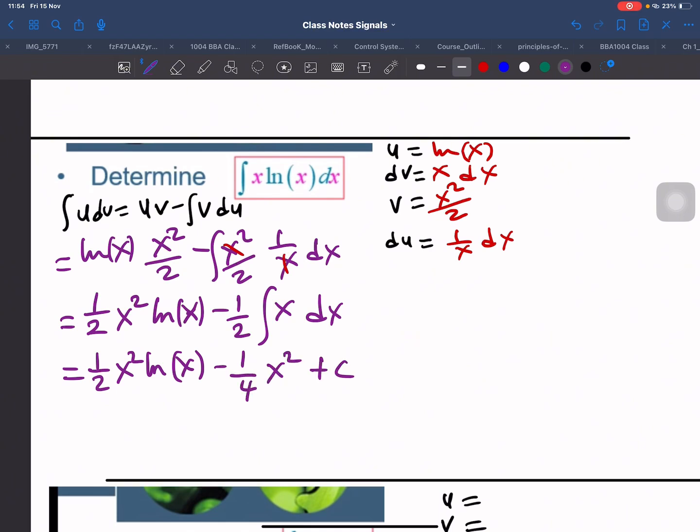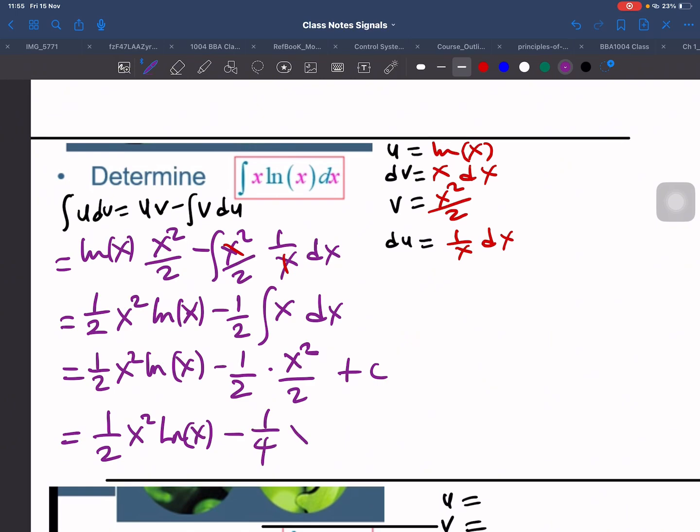That's the answer. Let me make it step by step. Minus 1 over 2, when you integrate this one, it becomes x squared over 2 plus c. So it's going to equal 1 over 2 x squared ln x minus 1 over 4 x squared plus c. That's the answer.